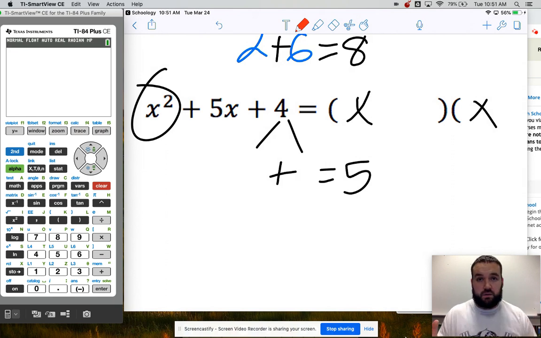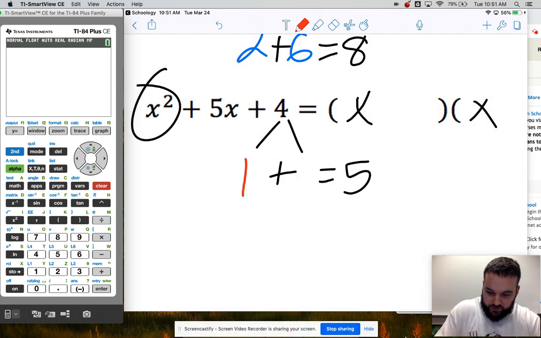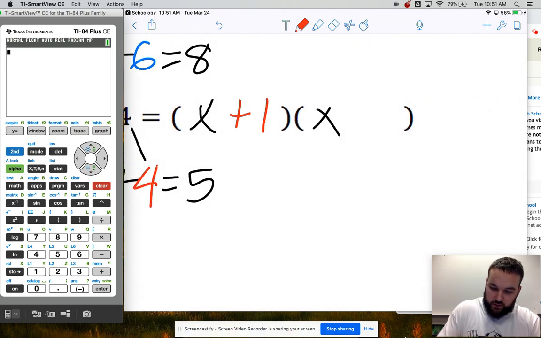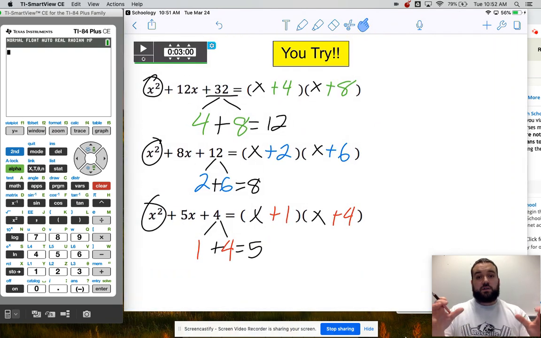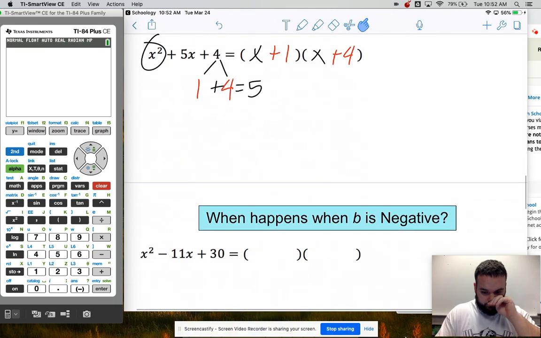If you're trying to find numbers that multiply to 4, you can always use 1 and the number itself. Right? So 1 times 4 is 4, and sure enough, 1 plus 4 is equal to 5. So that's what I'm going to put into the factors with x. Okay? So factoring, your answer should look like two sets of parentheses. It should look like a distribution problem.